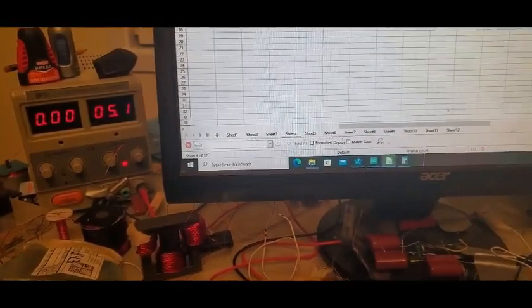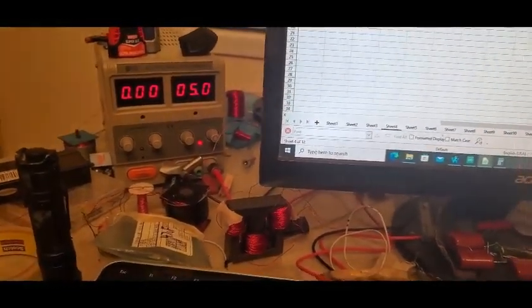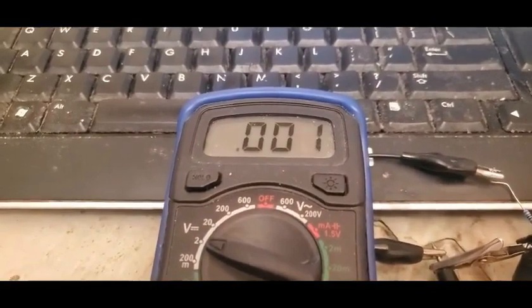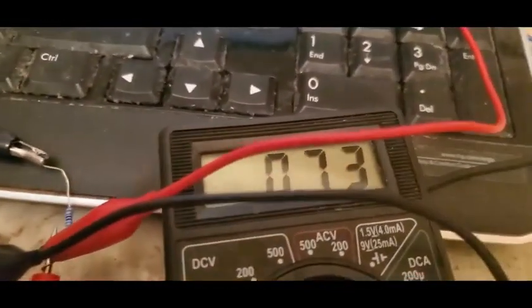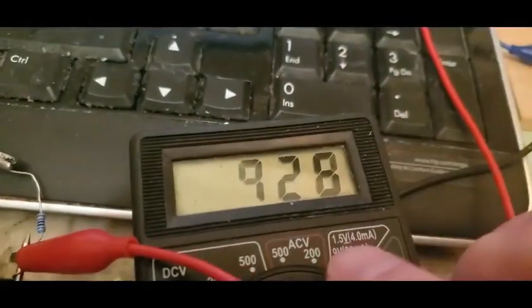So now we just turn on these and we put this in the spreadsheet. From one of them we're getting 1.612. From the other one we're getting 0.73.